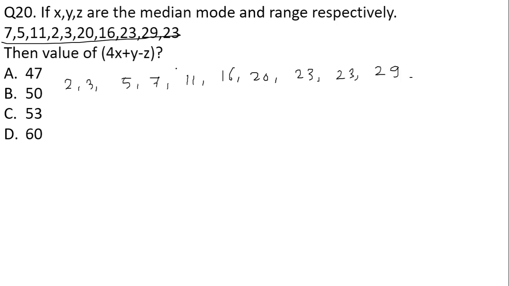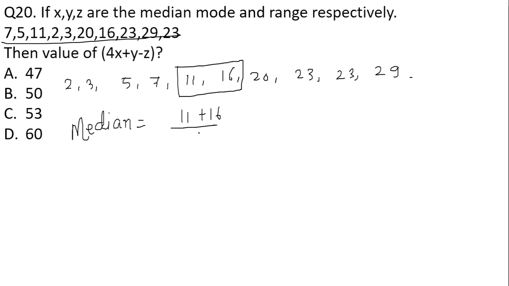For this given data, the middle numbers are 11 and 16. The median is the middle number, and here there are two numbers, hence 11 plus 16 upon 2. This will give me 27 upon 2. Hence the answer is 13.5 for the median, which is equal to x.